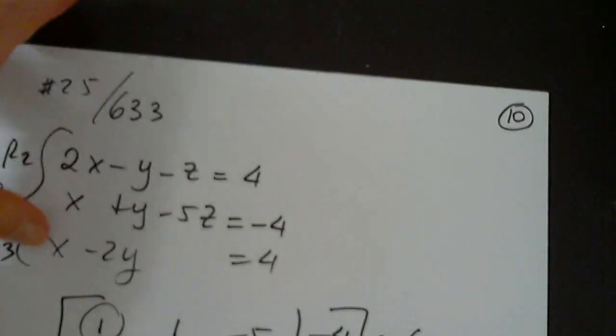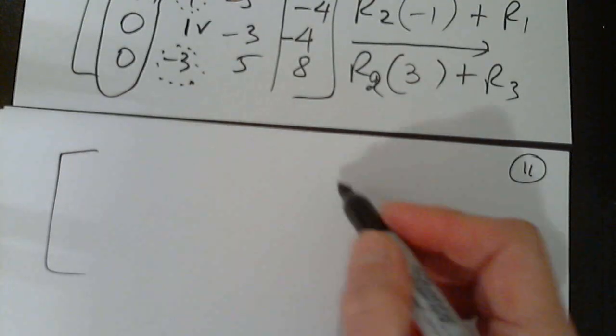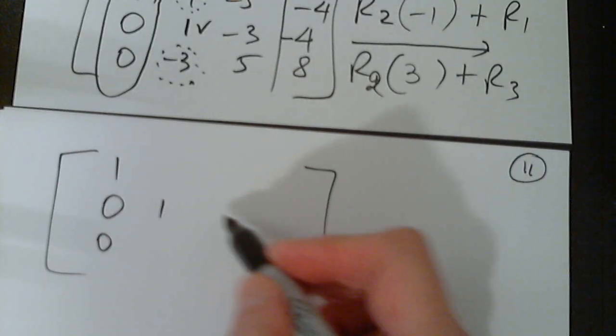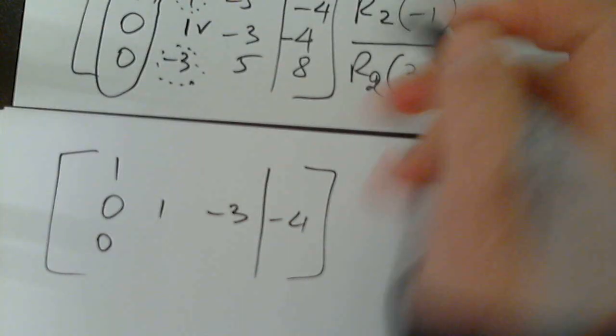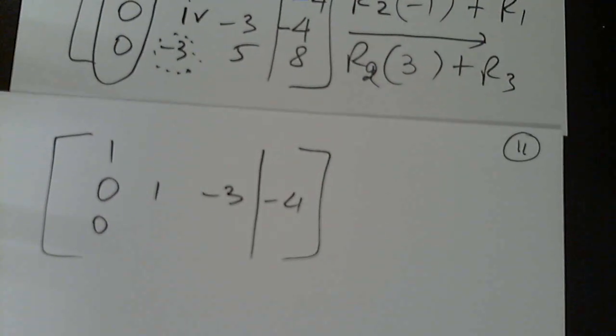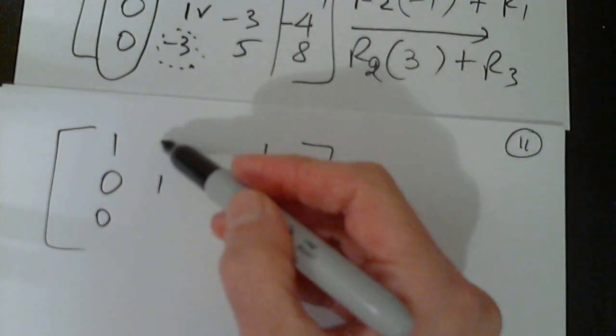Very good. We cannot destroy what we accomplished. And I have to copy the row that I'm using. I'm using row 2. It has to be copied. We cannot touch that. So 1 times -1 plus 1.